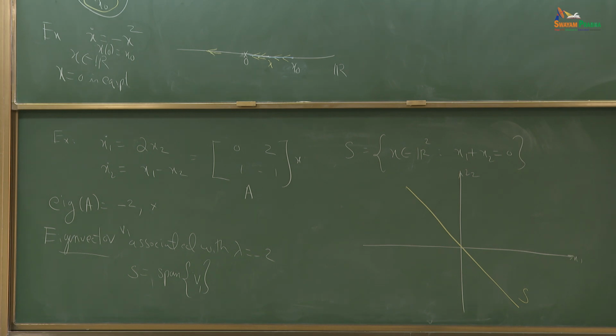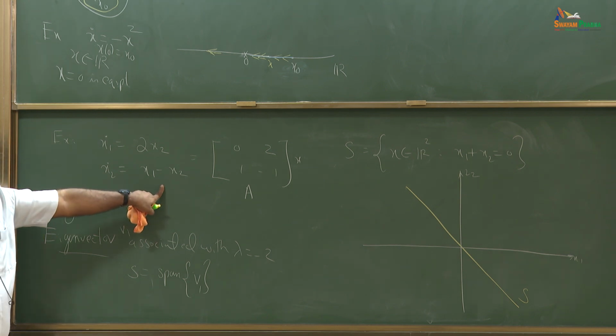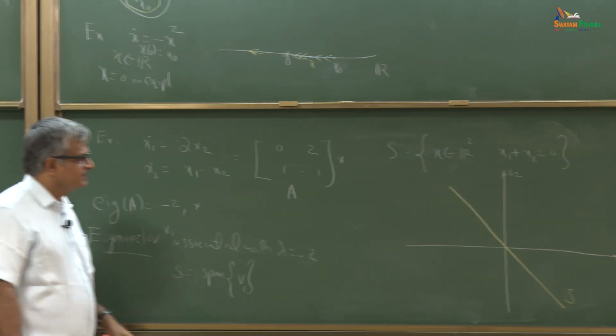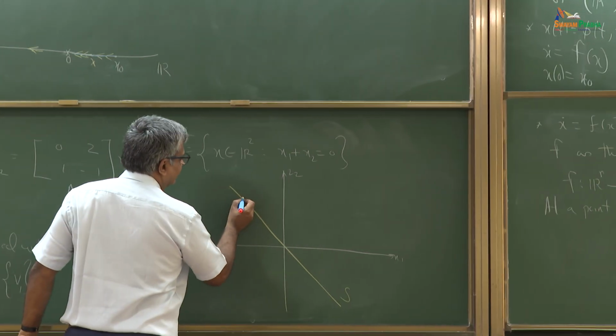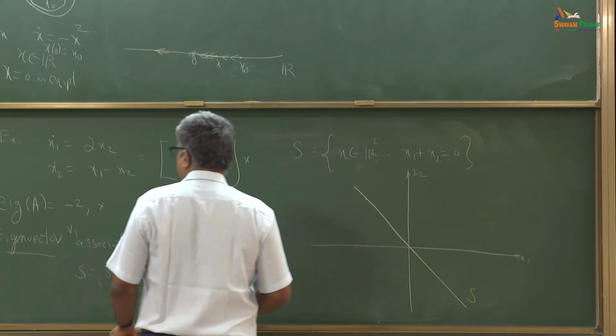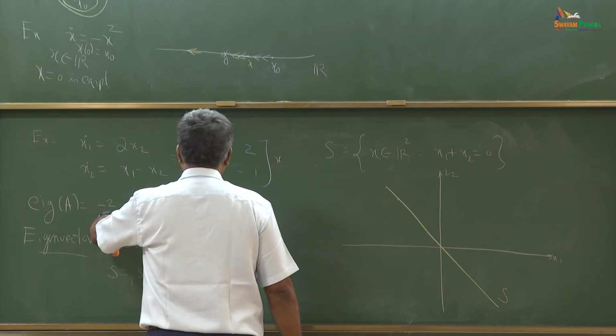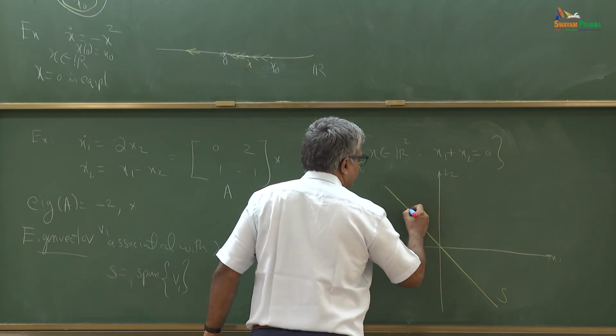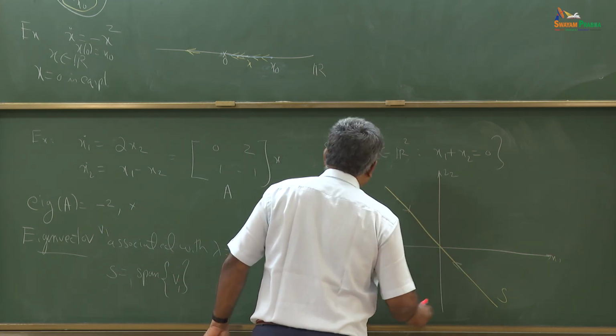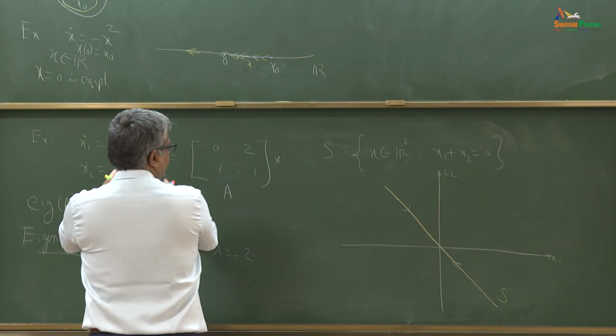So we'll show that the eigenspace is positively invariant under this flow. That means you start anywhere on this eigenvector, and the sense will be going towards the origin because the eigenvalue is negative. If you don't know that, you can go to this dynamics here and get the arrow.